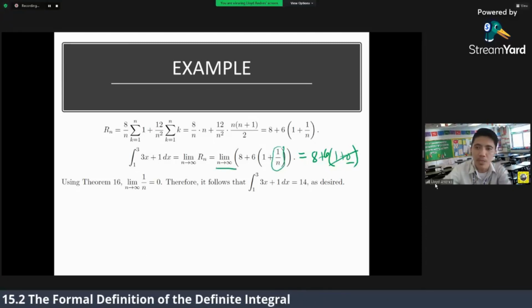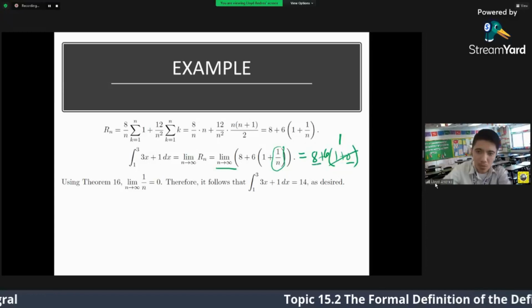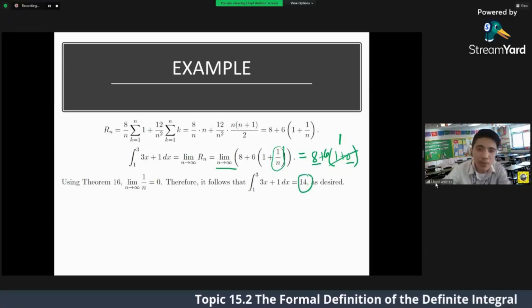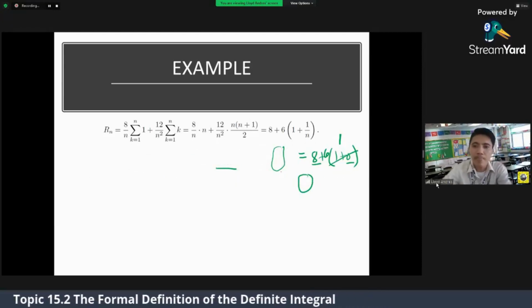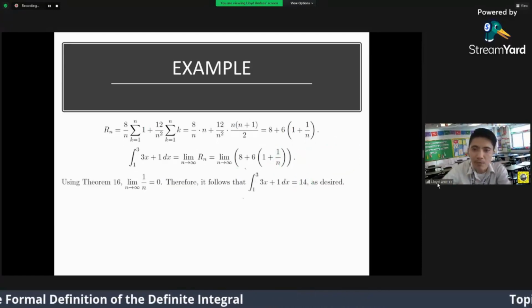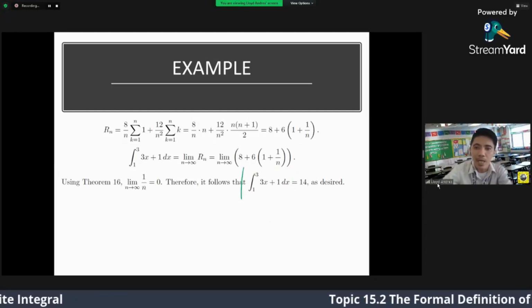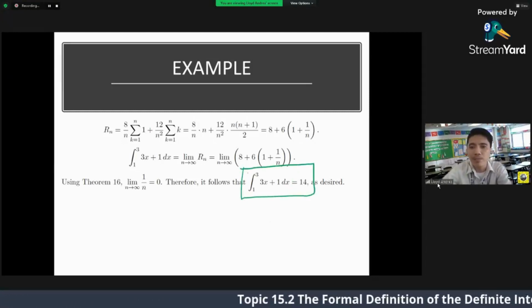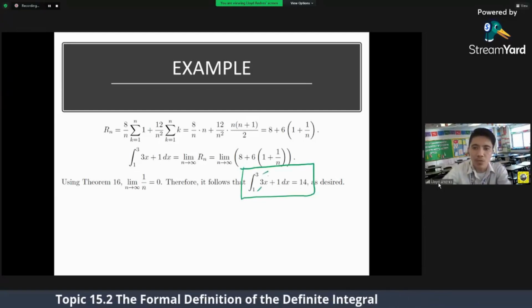Tapos 1 plus 0, mahimo na siya 1. Tapos 6 times 1, that's 6 plus 8, otong 14. So therefore, we just prove using the definition that the integral of 3x plus 1 dx from 1 to 3 is equivalent to 14.